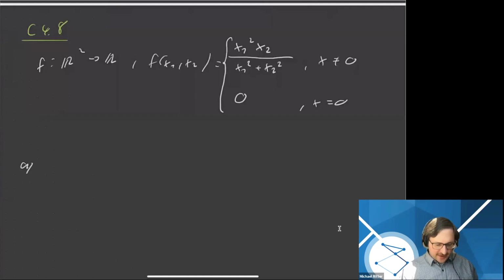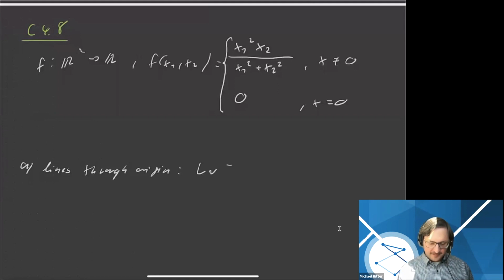So we're looking at lines through the origin. Those lines basically have the form L_v = {λ(v1, v2) : λ in R} for some arbitrary v.